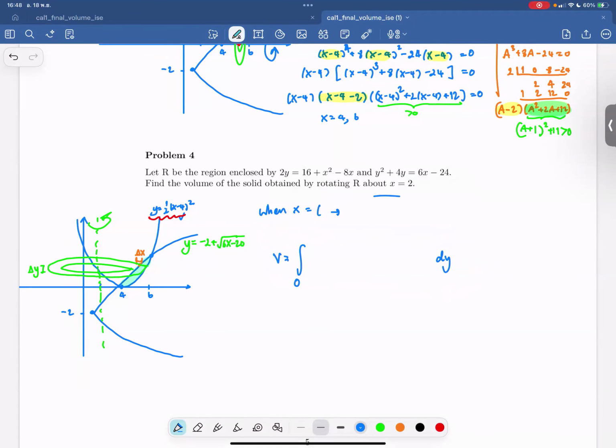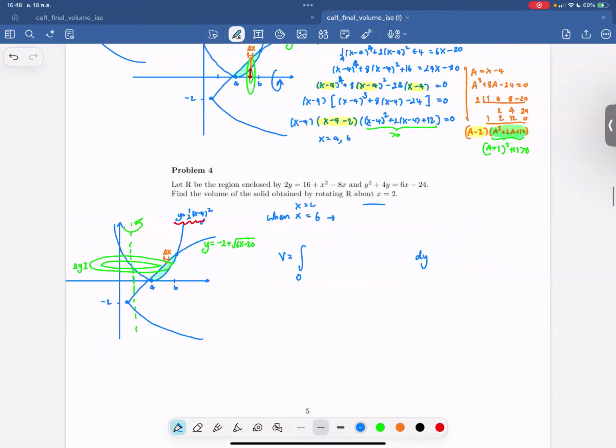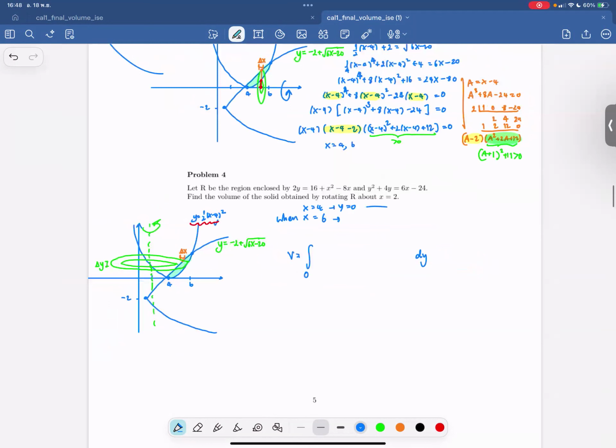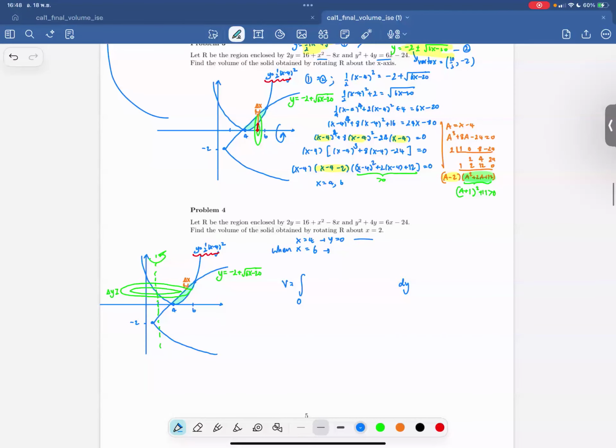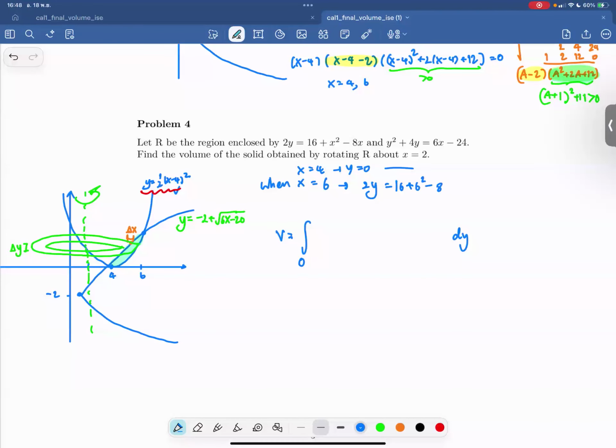When x equal to 4, y is 0. So when x equal to 6, y is 6 squared over... which equals 4, divided by 2, which is 4. So the boundary should be 0 to 2.